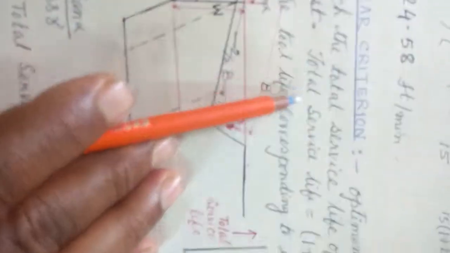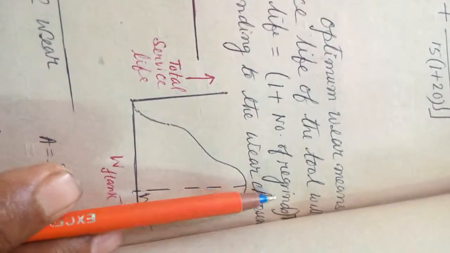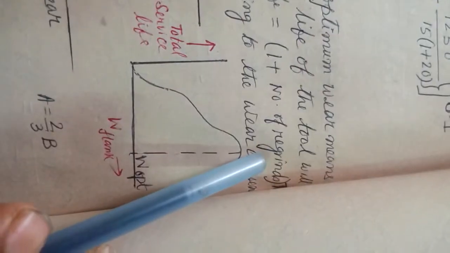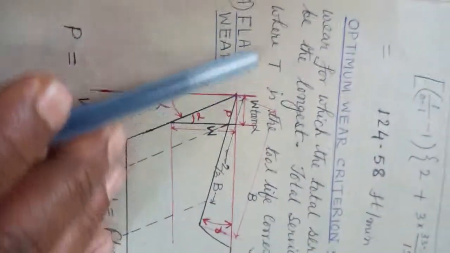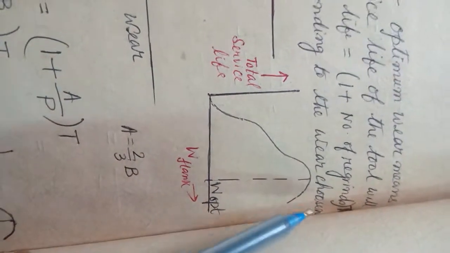Total service life is equal to 1 plus number of regrinds into T, where T is the tool life corresponding to the wear criterion we have chosen.